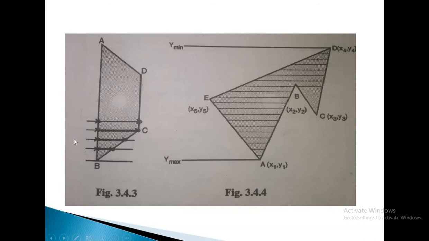We are finding the intersection of the scanline with every edge of the polygon. Find out the intersection points with the selected edges, suppose AB and BC. Then we join these two intersection points by a solid line and continue.